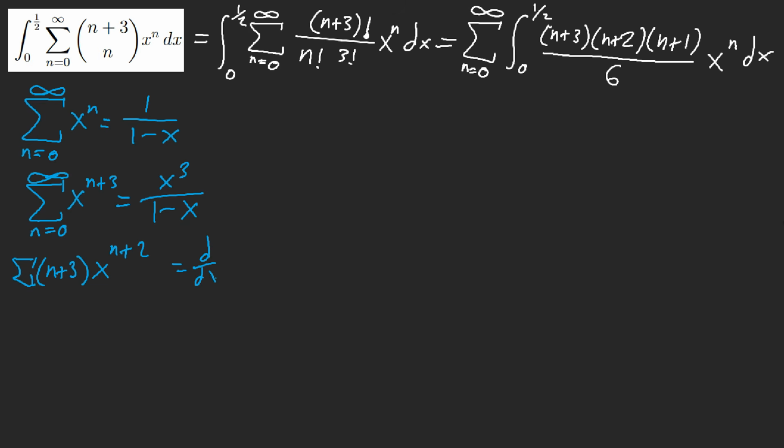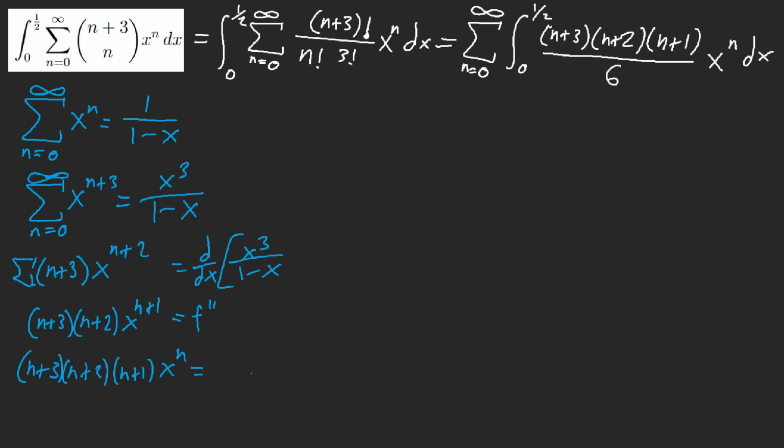This is a derivative of x cubed over 1 minus x. If we derive it again, we get (n plus 2) x to the n plus 1, the second derivative. Then (n plus 3)(n plus 2)(n plus 1) x to the power of n is our third derivative.